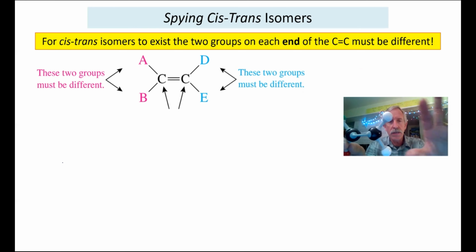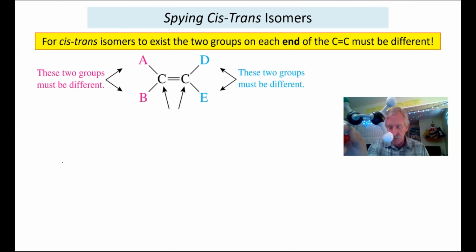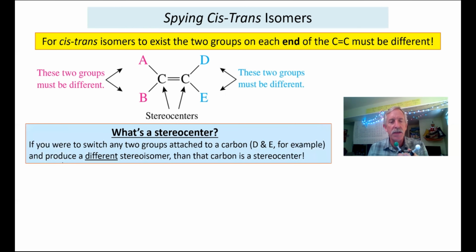And so looking at this one, according to this rule, these two groups must be different on one end of the alkene to be what is known as a stereocenter. Okay, and that stereocenter is going to help me create a stereoisomer of a cis or a trans alkene.